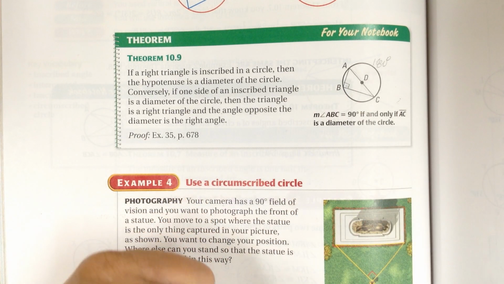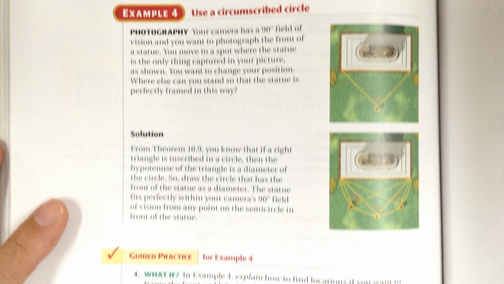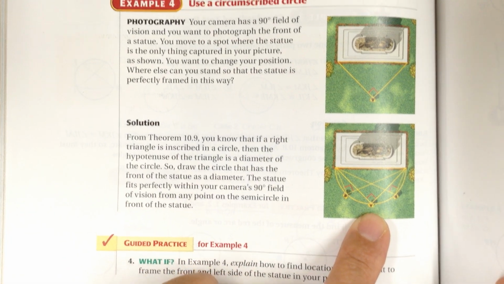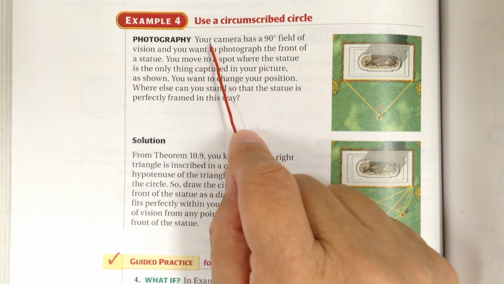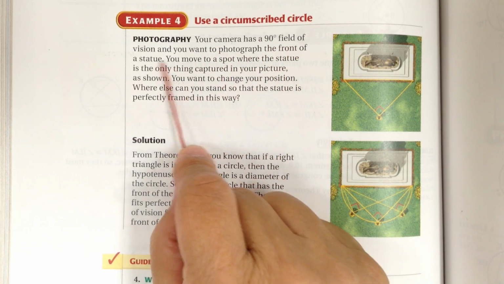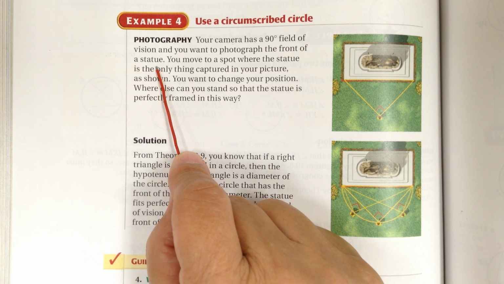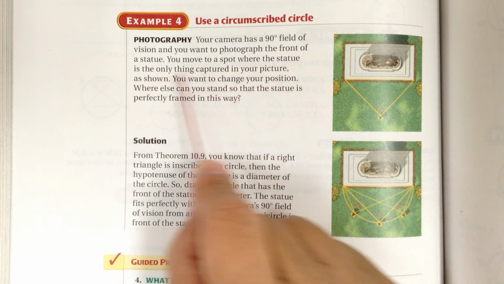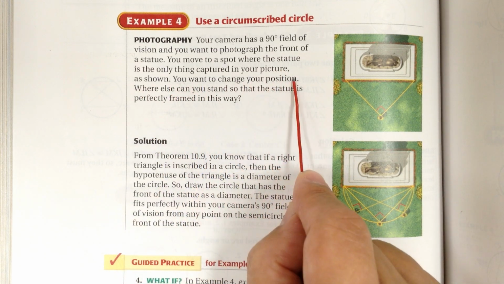Let's go to this application. Use a circumscribed circle. Photography. It says your camera has a 90-degree field of vision, and you want to photograph the front of a statue. You move to a spot where the statue is the only thing captured in your picture, as shown. You want to change your position.